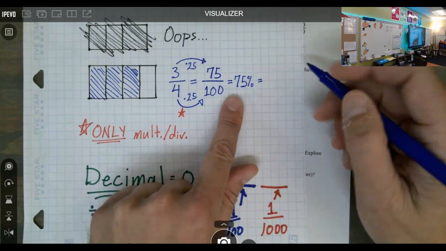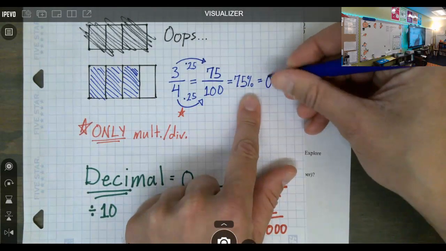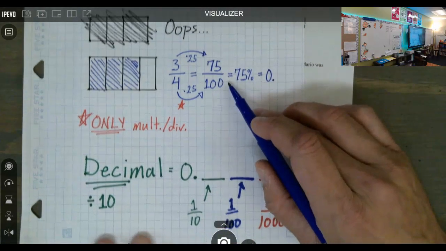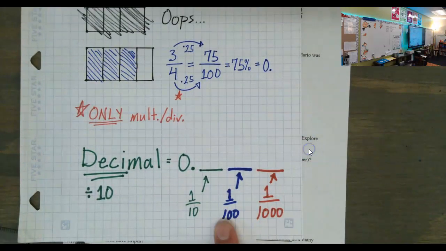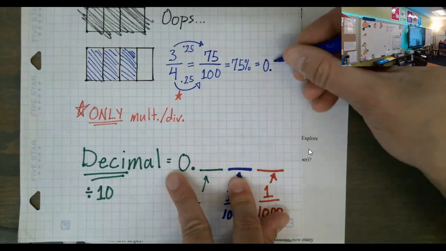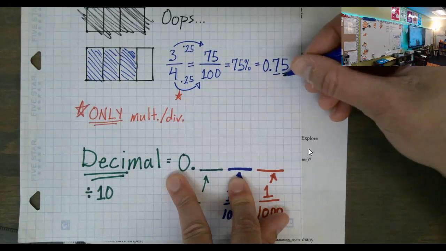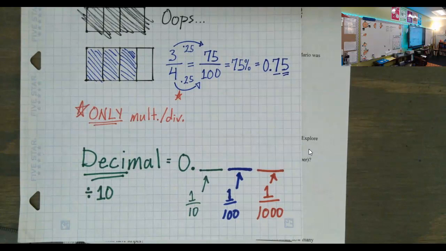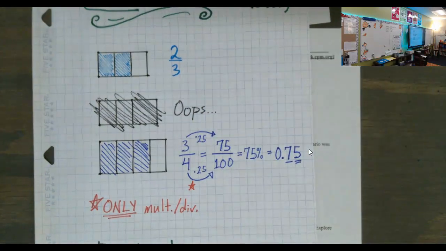What is the decimal that represents this fraction, and that percent, since they're all equal? 75 hundredths, meaning we will stop our fraction in the hundredths place, or the second place, right? 75 stopping in the hundredths place because it's 75 hundredths. Try to turn 2/3 into a decimal.